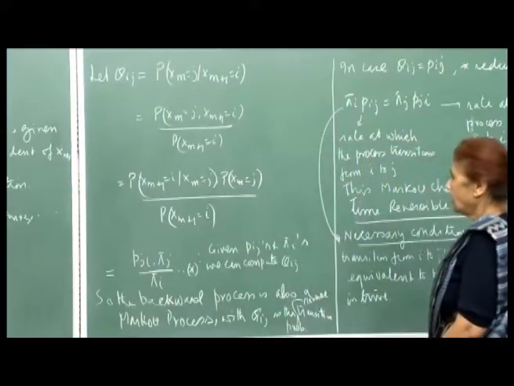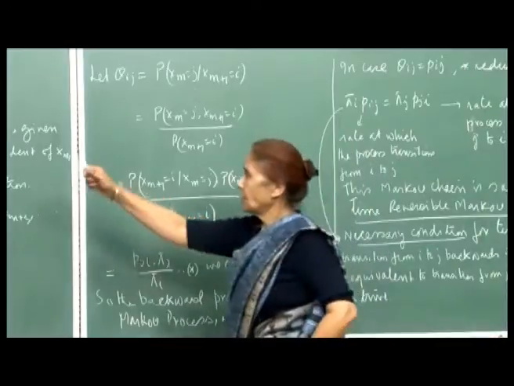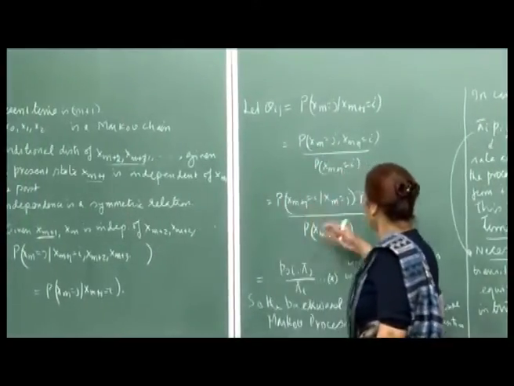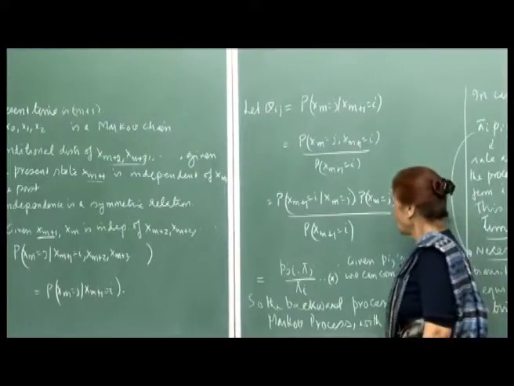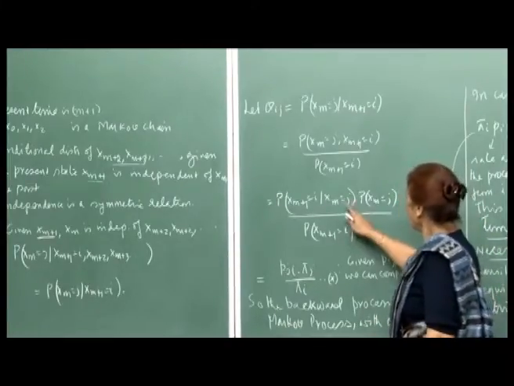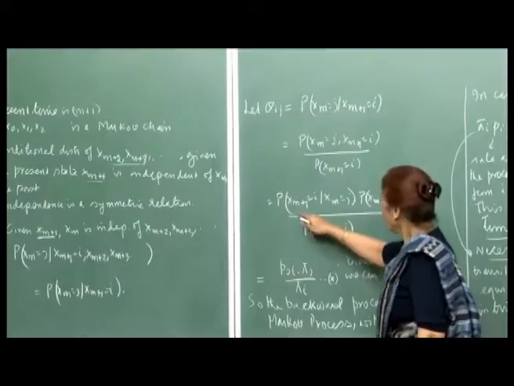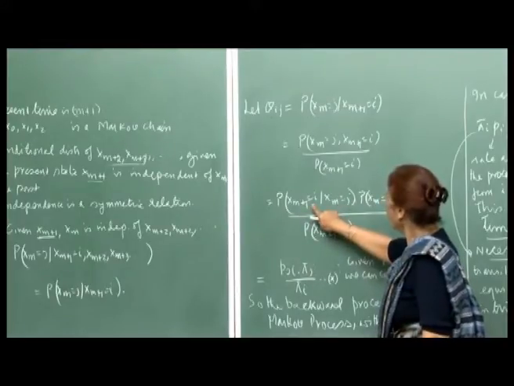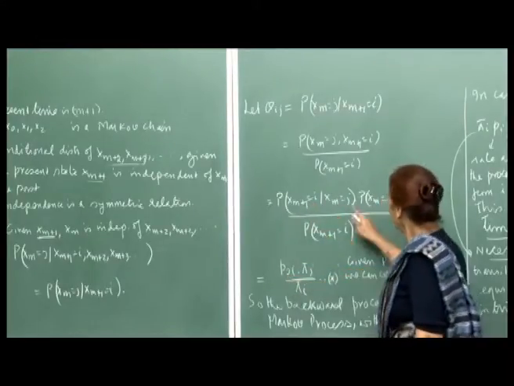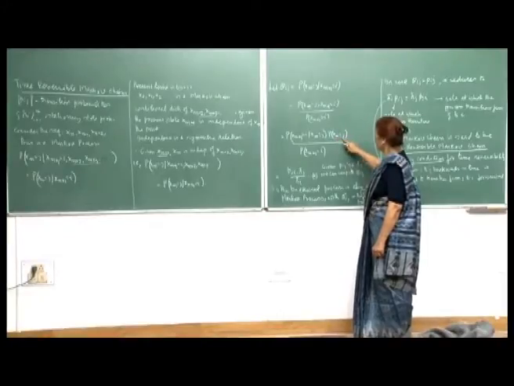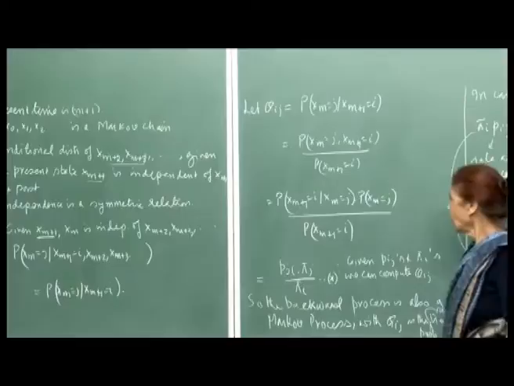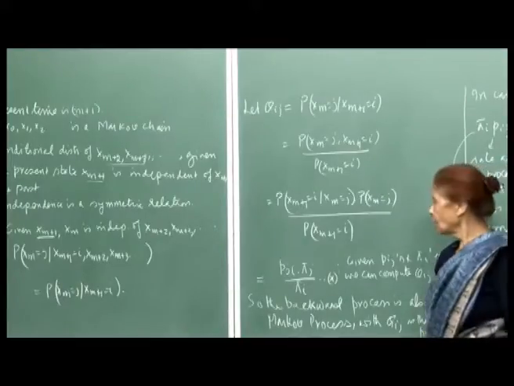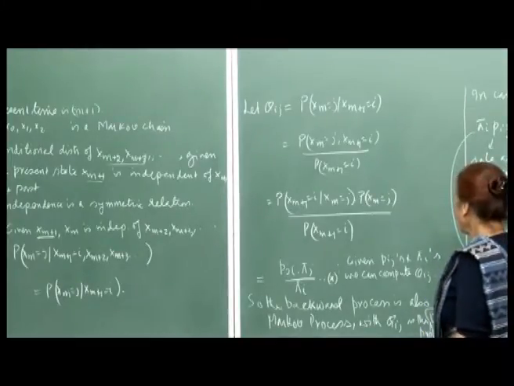And because we already have the transition probabilities for our forward process and the stationary probabilities pi i, this can be written as p j i into pi j, probability x m equal to j, divided by pi i, that is being in state i at time m plus 1, the stationary probability.